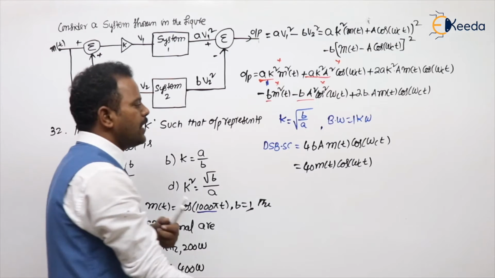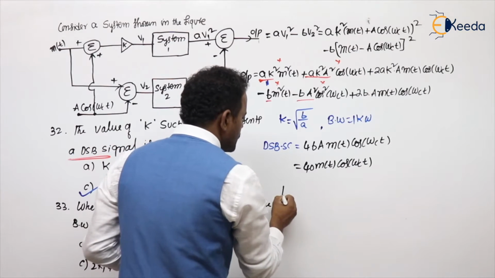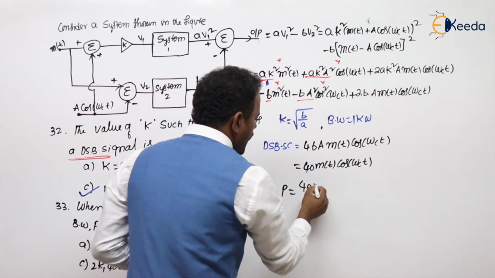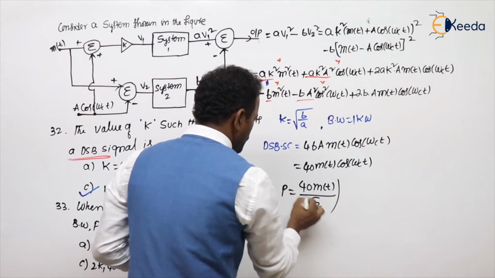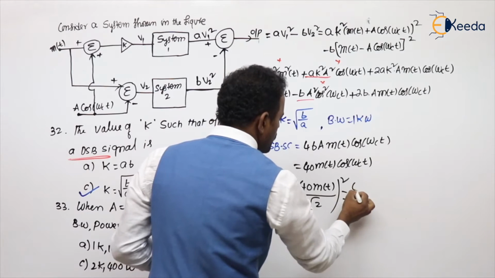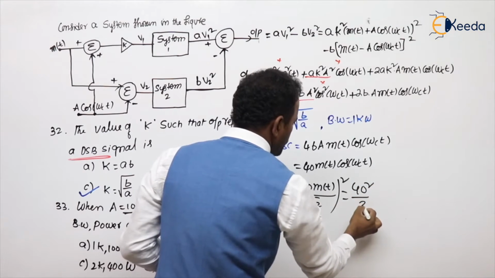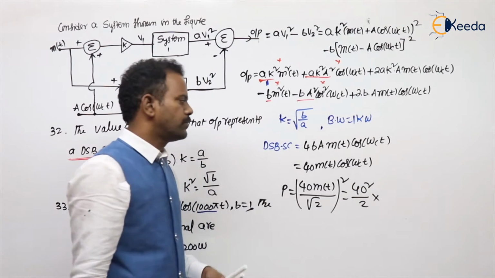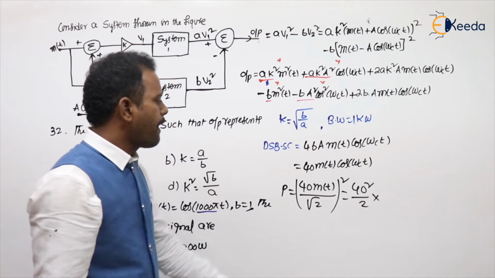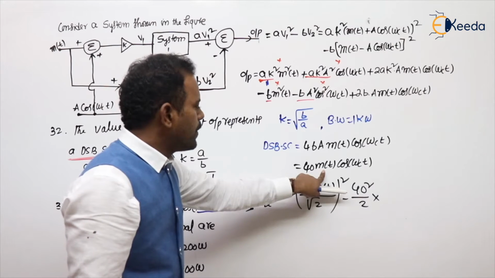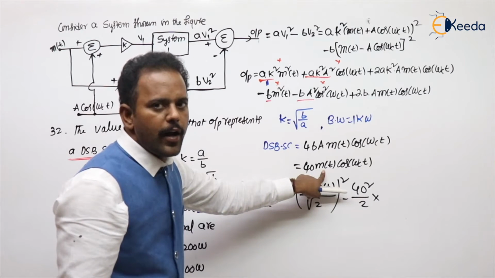What is the power? Here a cos term is there, so simply RMS value whole square, meaning amplitude divided by root 2 whole square. So 40 square by 2 into m square of t. m square of t means the power of the message.